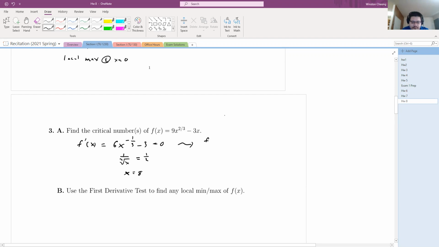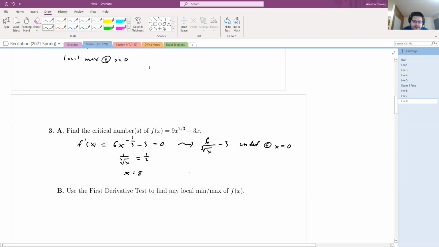I'll put it in the denominator. So we have 6 over the cube root of x, minus 3. Now when you see it in this format, you can easily recognize when this thing is undefined. That's when x is equal to 0, because that would be a division by 0.